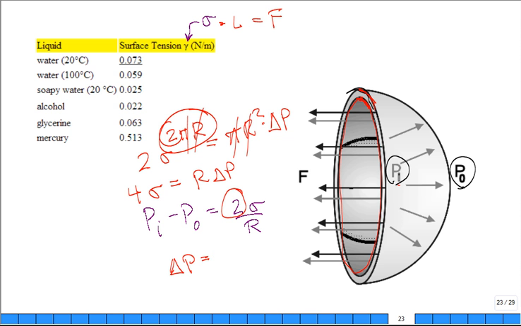Don't I have a 2 and a 2? 4 sigma over R. Okay, it's either 2 sigma over R or 4 sigma over R. Pardon? For a soap bubble it's 4. That's right. This is for a soap bubble. I wrote it down for a solid, 2 sigma over R. Okay? So that's the pressure difference.